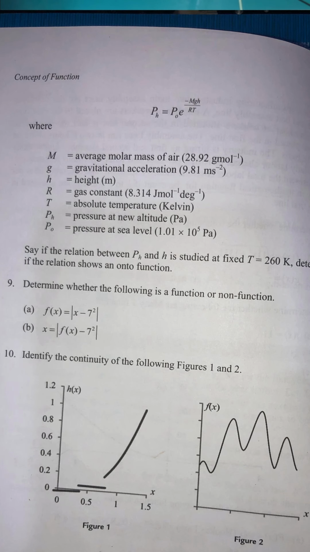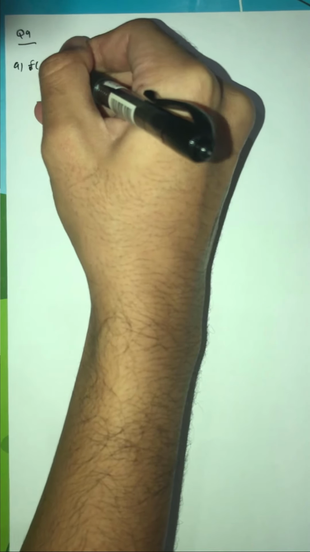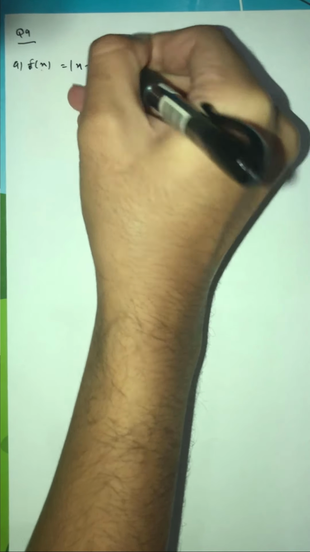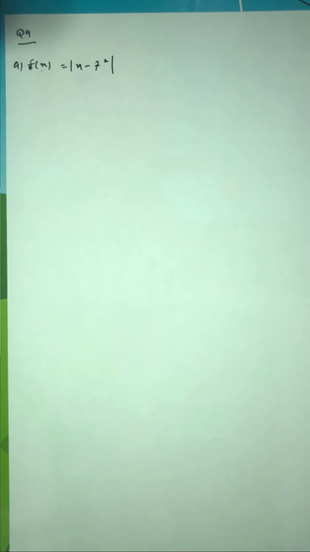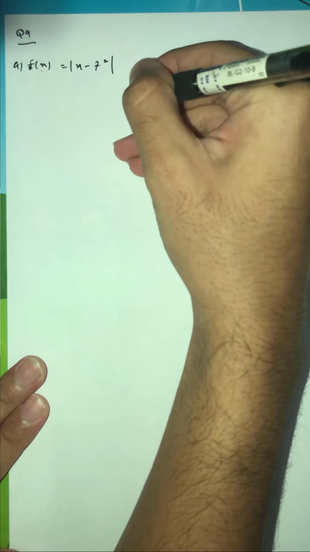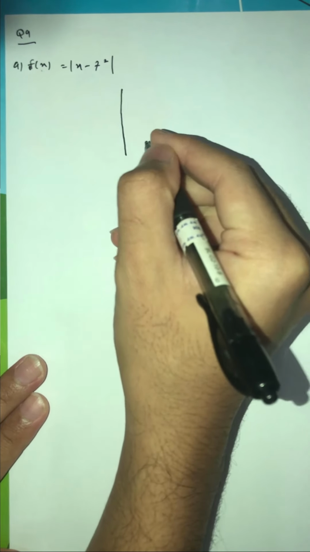So question 9 asks us to determine whether the given equations are functions or non-functions. The first one is f(x) equals (x minus 7) squared. Okay, is it a function? How do you determine a function? You can determine a function by doing the vertical line test, then the horizontal line test, right? So it's easier if you draw. This is indeed easy to draw.